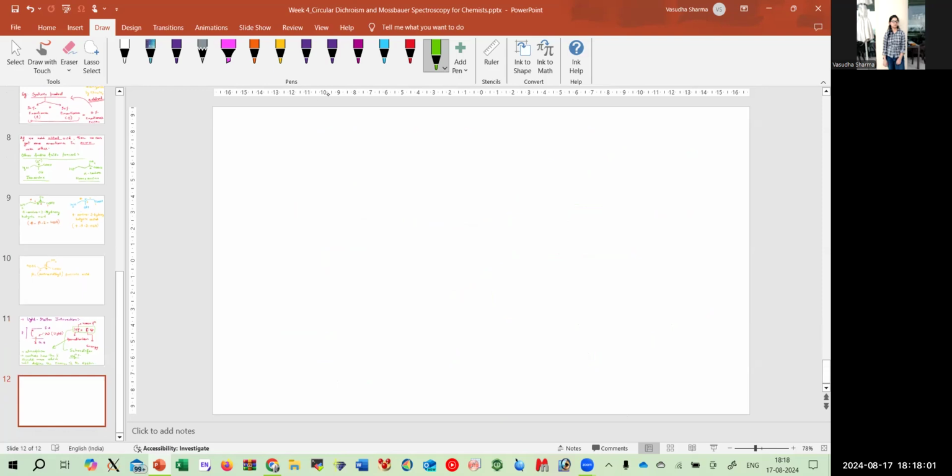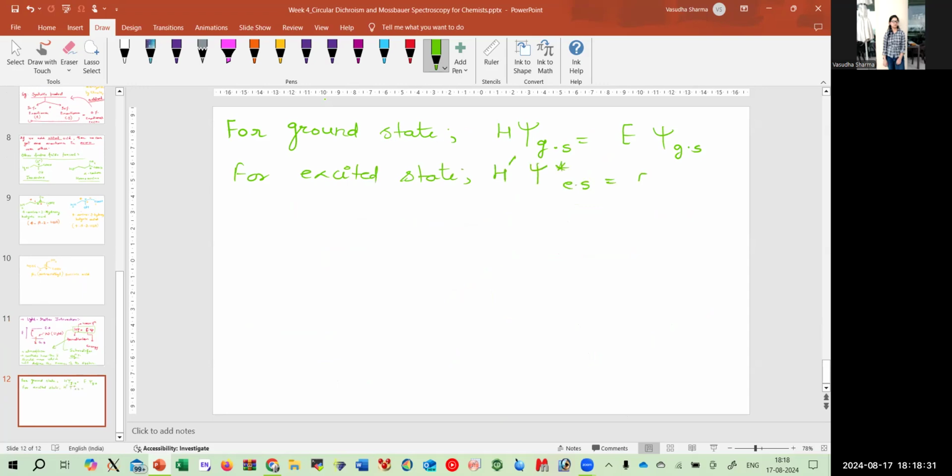So for the ground state, your Hamiltonian will be this way, with the energy of the ground state. Similarly, for the excited state, since the atmosphere is different, the Hamiltonian changes, so does the wave function, and the energy is also for the excited state.